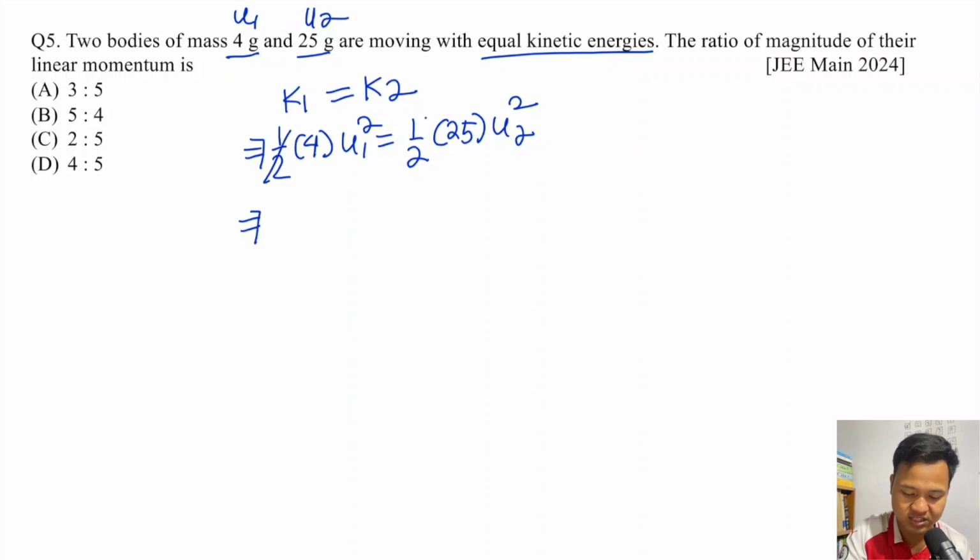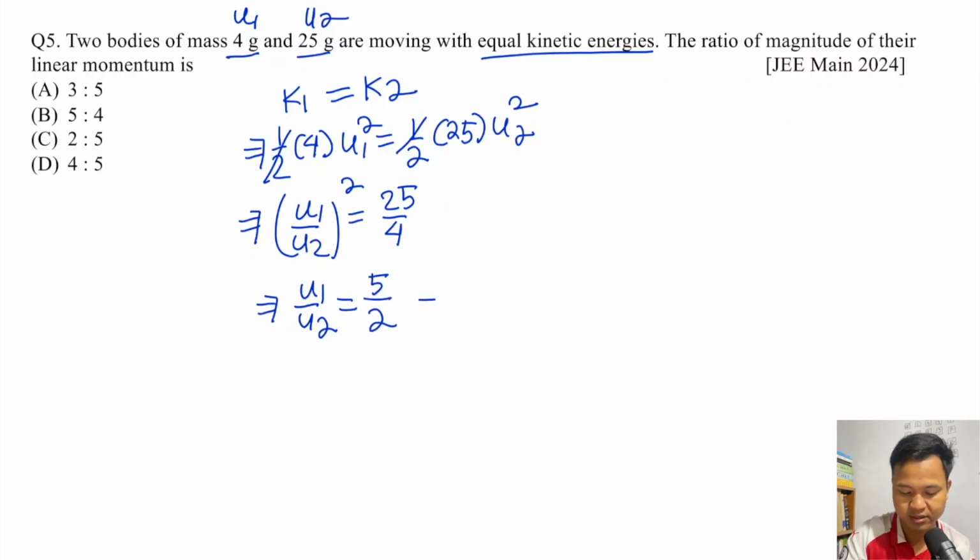The half gets cancelled out, so U1 by U2 whole square is 25 by 4. Taking the square root on both sides, 25 is 5 square and 4 is 2 square, so U1 by U2 is 5 by 2.